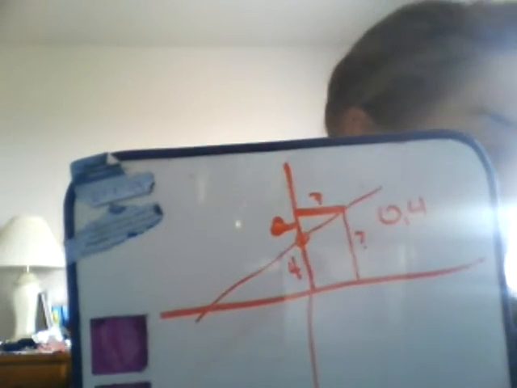Okay, so we have 2 triangles. We have the smaller triangle that is 2 over 3, and then we have this larger triangle that we're looking for to find that point. So we have y minus 4, because we're deriving that from the equation y equals mx.